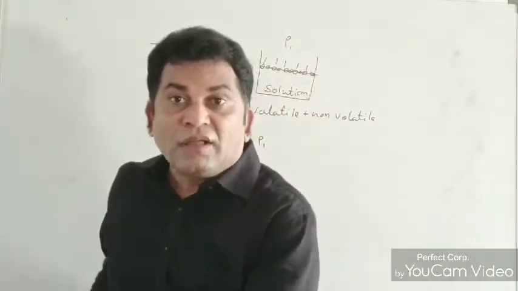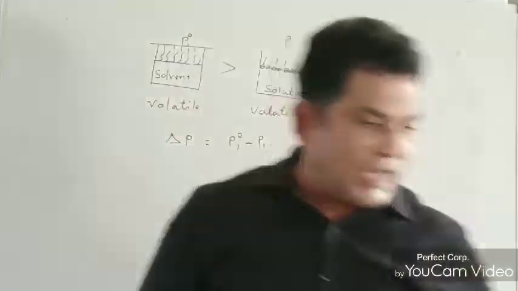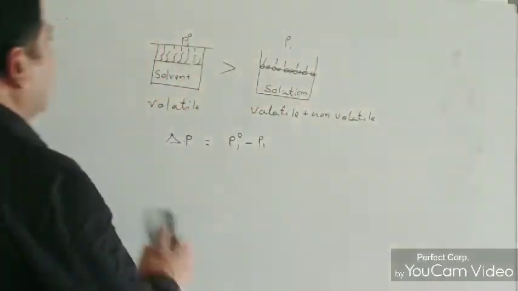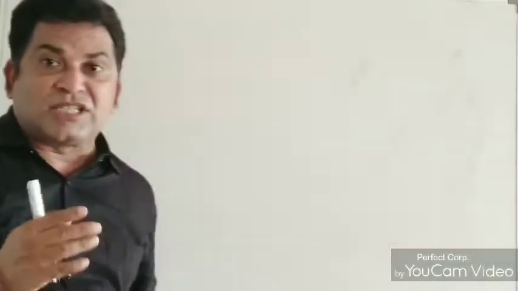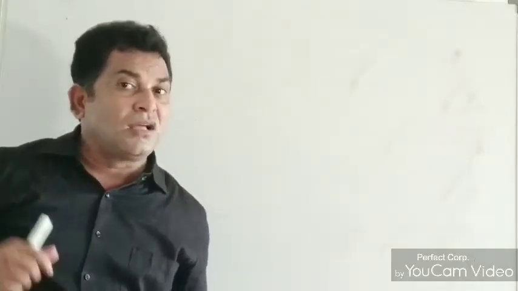How is this important? This will be studied in the form of Henry's law. So I have given the introduction: why vapor pressure is important, and due to that vapor pressure we are going to study Henry's law, which is very important.